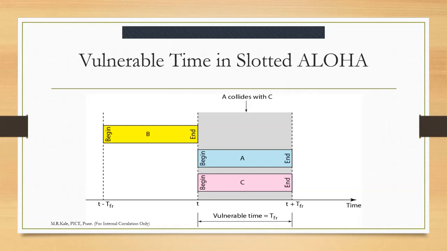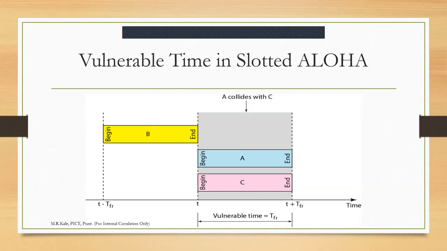If 2 stations send the data in exactly the same time slot, they will collide and the data will be lost. Still, the protocol is not foolproof, but it is better than the ALOHA protocol. Now here the sensitive or vulnerable time is reduced to TFR.